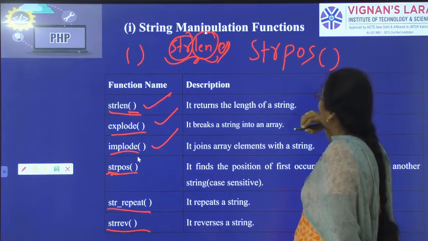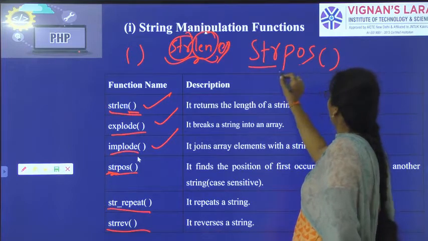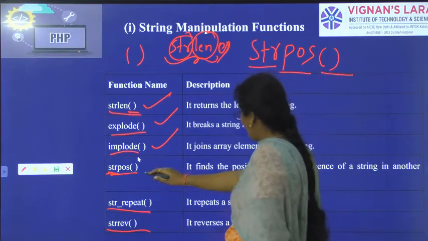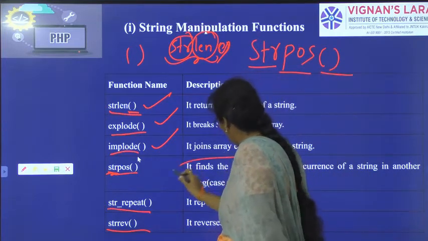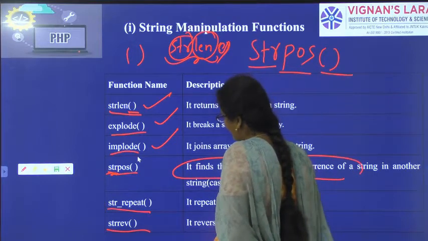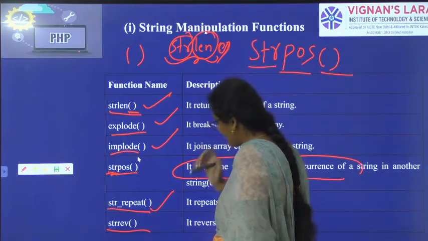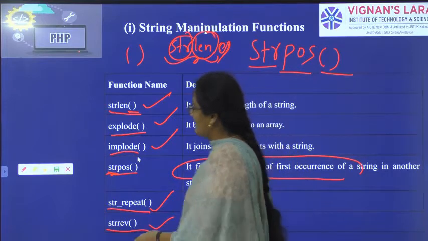This symbol means it is a function. The string position function finds the position of the first occurrence of the string. String repeat repeats the string. String reverse reverses the string.